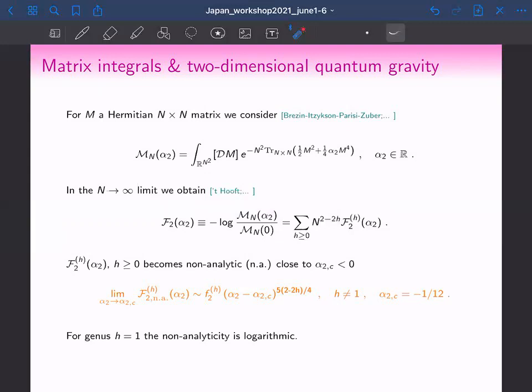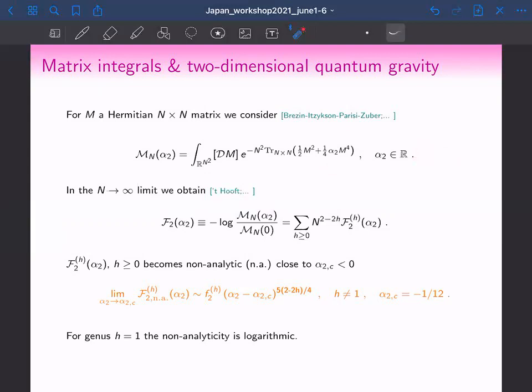Now there's one important remark about this matrix integral, about this coupling alpha 2. A priori, it seems that this matrix integral is only defined if alpha 2 is positive, because if alpha 2 is not positive, then the matrix integral seemingly does not converge.